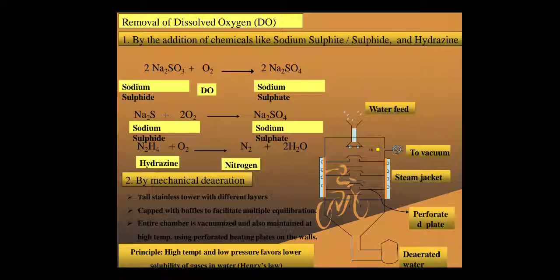Second, how can you remove that dissolved oxygen? Dissolved oxygen can be removed by addition of sodium sulfite, which forms sodium sulfate, Na2SO4. Means by addition of sodium sulfite you can remove dissolved oxygen, and the sulfite forms sodium sulfate.